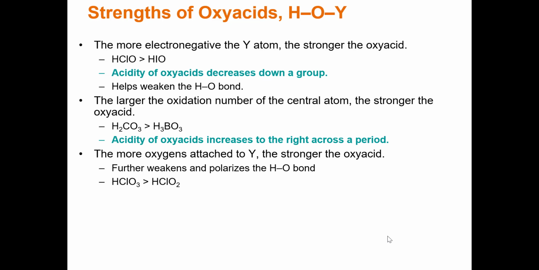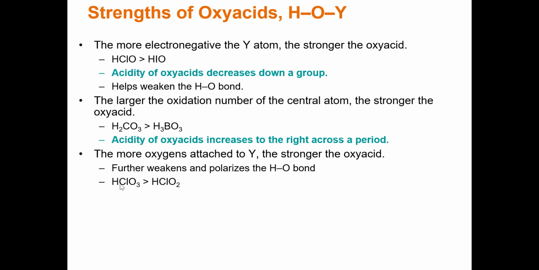And then finally, the one we looked at in that second table, the more oxygens you have connected to that Y, the stronger the oxyacid. So more oxygens is going to further weaken that HO bond, because you have more things that want electrons. The more things that want electrons, the easier it is to take away the proton.